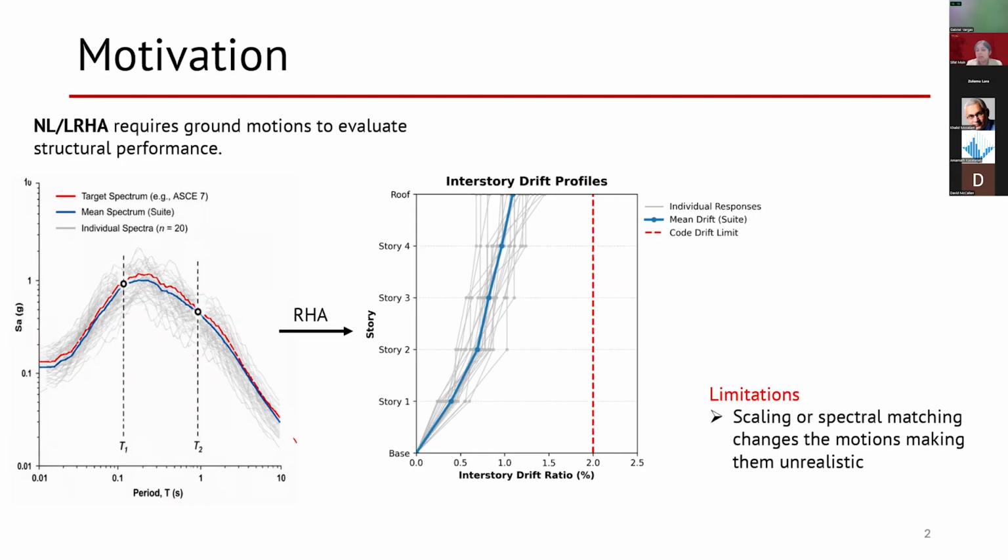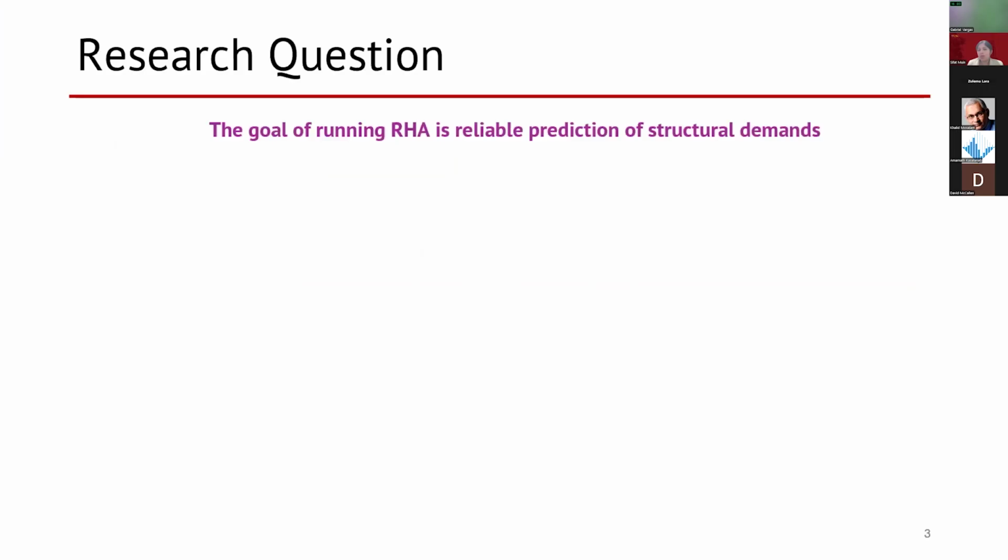And sometimes these unrealistic ground motions propagate to the structural responses and give us unrealistic structural responses. So the goal when we are running response history analysis is to simulate the actual behavior, to get reliable prediction of structural demands.